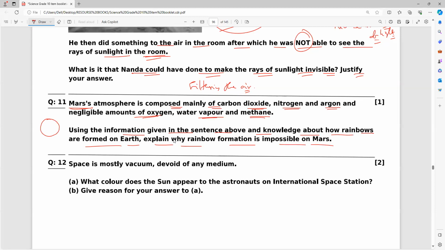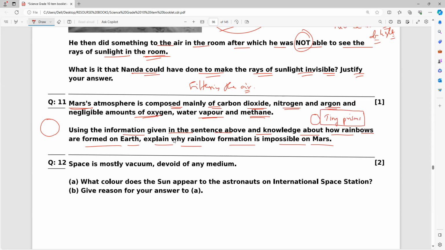What is the main cause of formation of a rainbow? Tiny prisms.